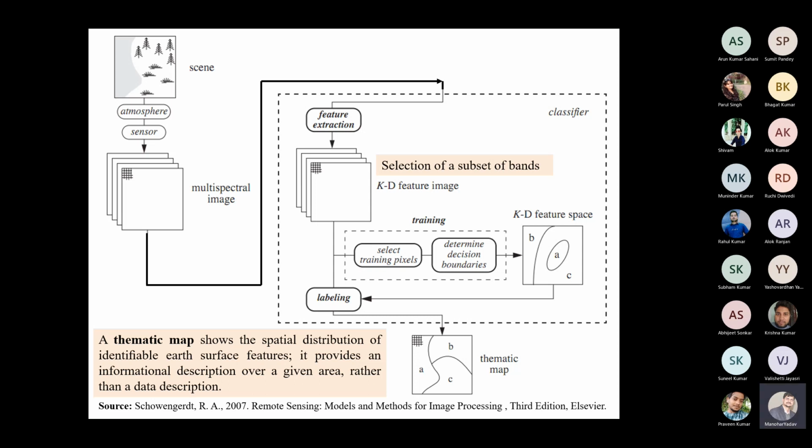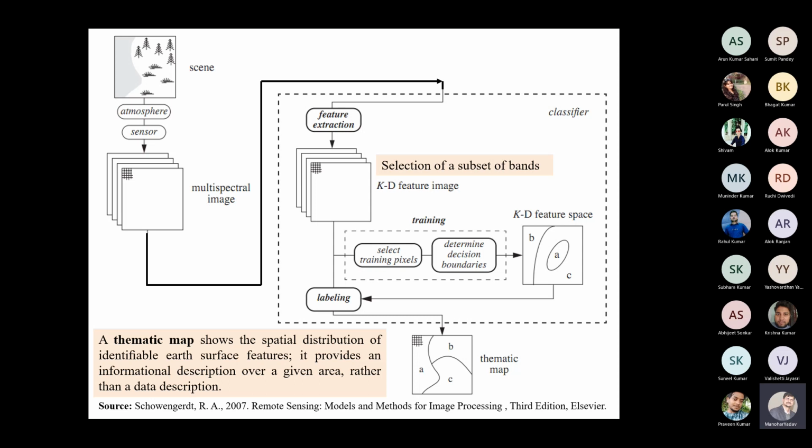So out of 12-band multispectral images, the subset comprising 3 bands, green, red, and NIR, is selected for the classification, keeping in mind these 3 bands have the highest information from that scene.